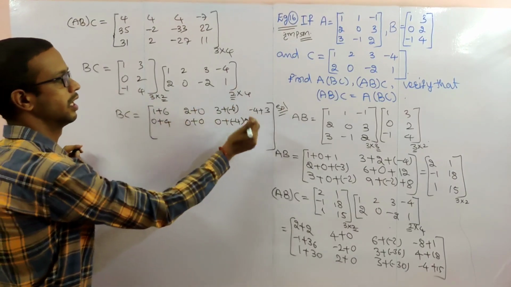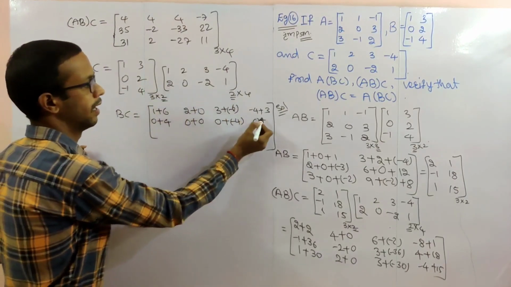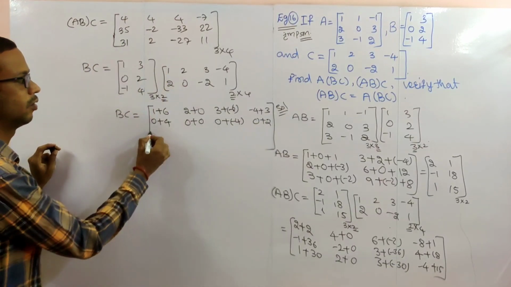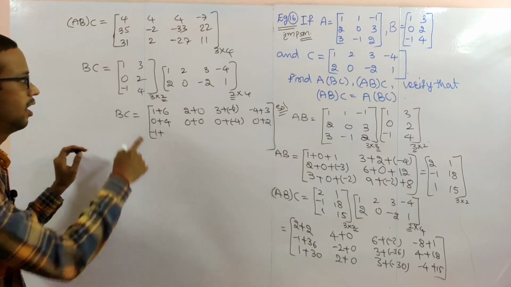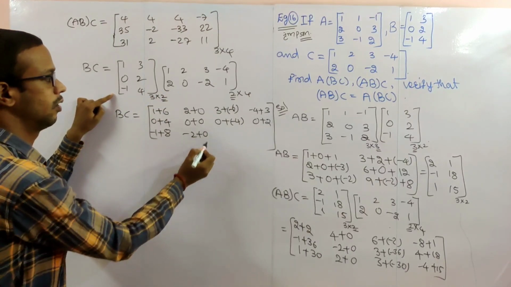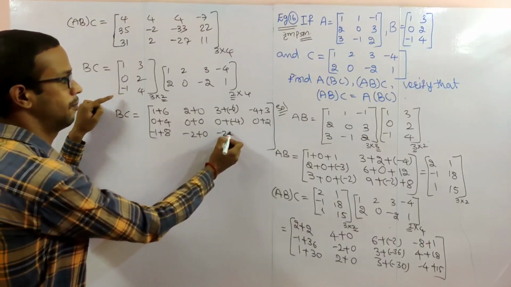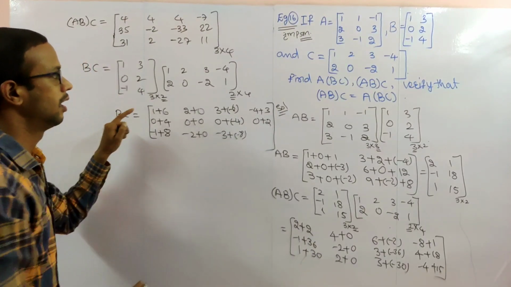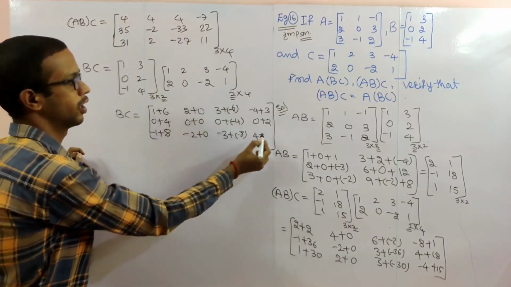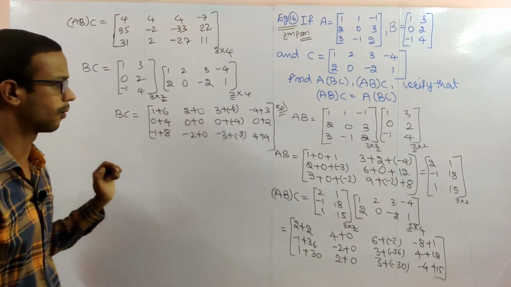Next 0 plus 2. Next minus 1 into minus 1, 4 into 2 is 8. Minus 2 plus 0. Next minus 3 plus minus 8. Final minus into minus plus 4, plus 4 into 1 is 4.